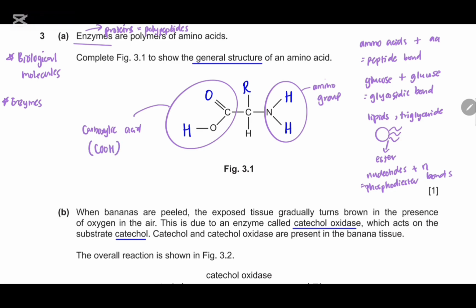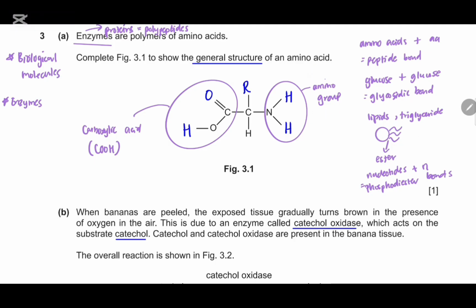So that's the acid group, and thus the name amino acid. Of course, what differentiates one amino acid from another is the R group. If you got that correct, that will give you all the marks.